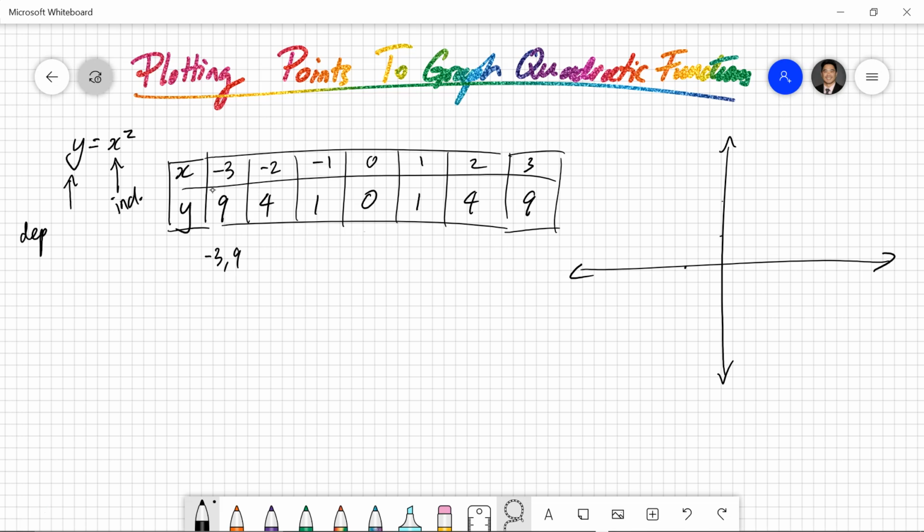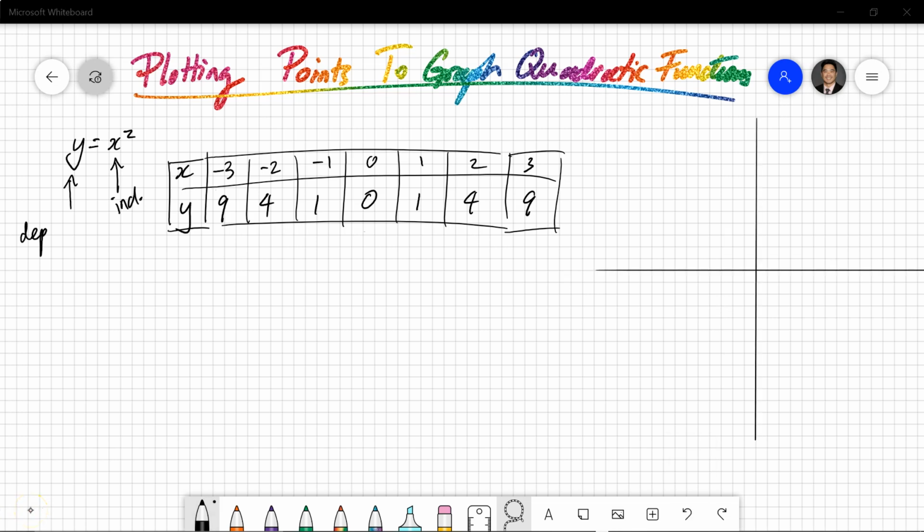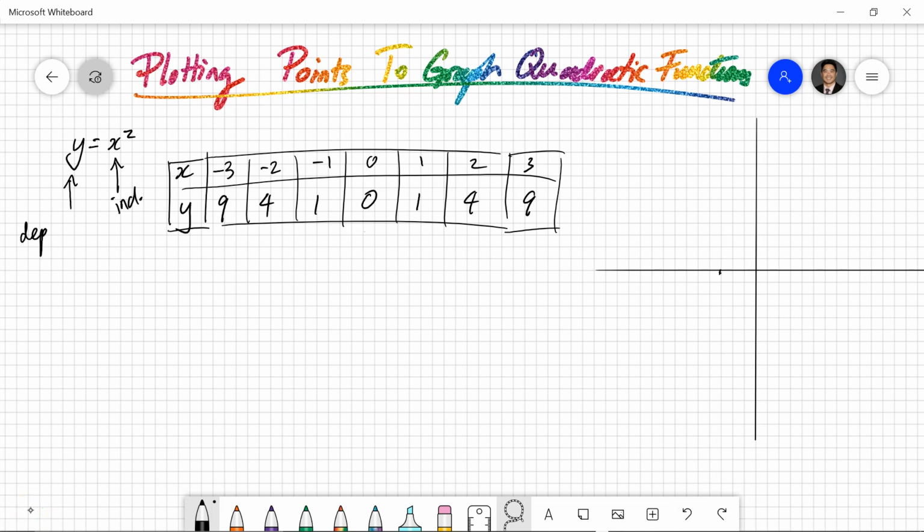Let's go 3, 6, 9, and so it's about there. And I apologize, maybe what I'll do is I'll actually draw the Cartesian plane properly. It's probably worth doing that. Okay, so -3 is over here, and 9, 3, 6, 9. We're looking at that as our first coordinates.